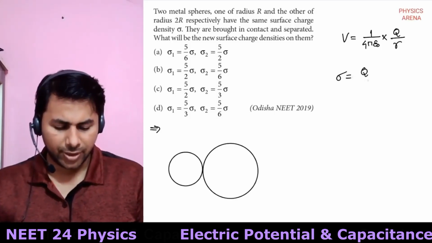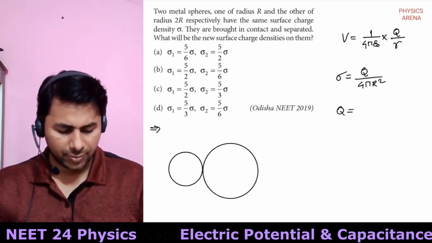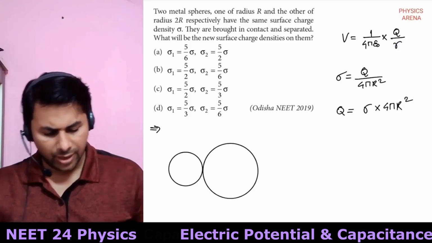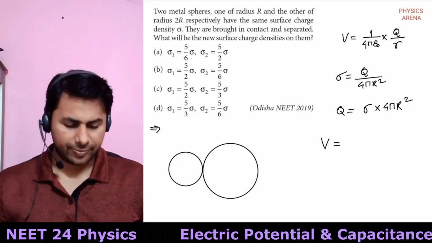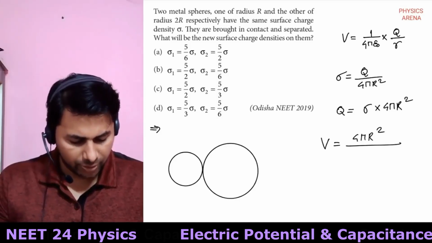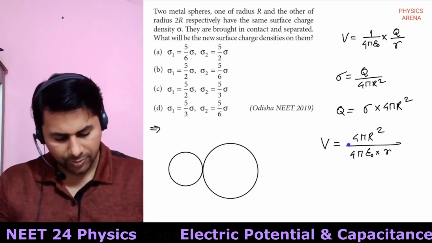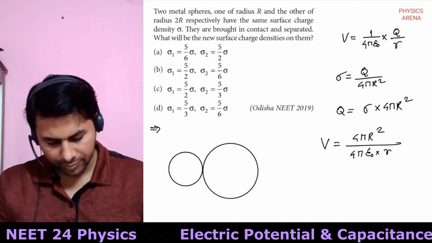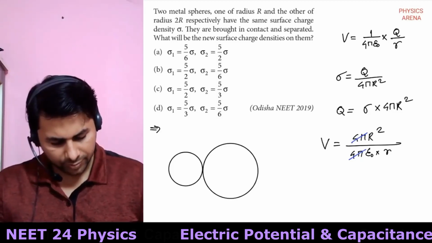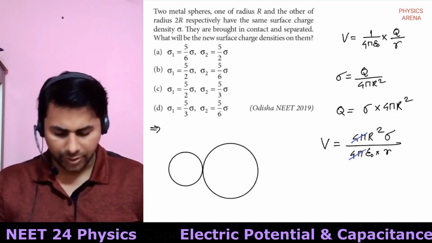Sigma is q upon area, that is 4 pi r square. So q is equal to sigma times 4 pi r square. Put that here and you get the formula for potential in terms of sigma: 4 pi r square upon 4 pi epsilon naught into r. Now this 4 pi gets cancelled out, and it will be sigma r square upon epsilon naught r.